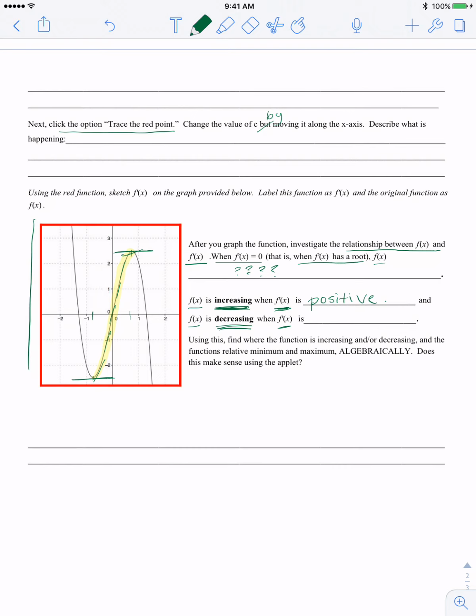When your original function is increasing, the slopes of the tangent lines are greater than 0, are positive. So if I wanted to solve for when your function f of x is increasing, I could set my derivative greater than 0 and solve.